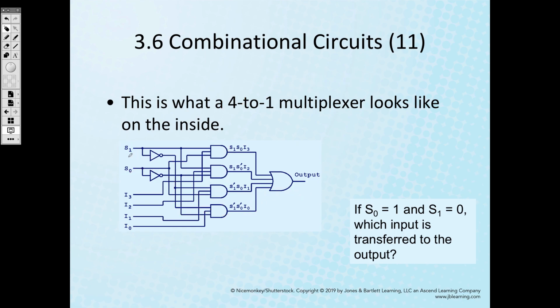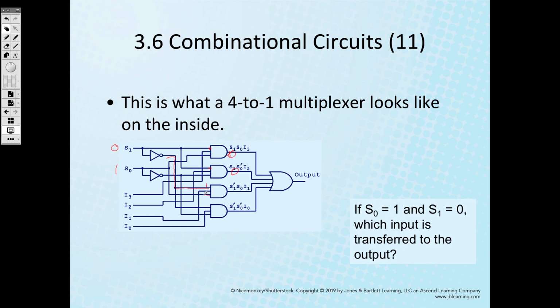Similarly, if I have input 0 and 1, then 0 is connected to this gate, so this AND gate output is always 0. It's blocked. And this one is connected to this line as well, so this output is always 0, virtually disconnected. And then this line comes from S1 not, so this is 1 and the output is not blocked yet.